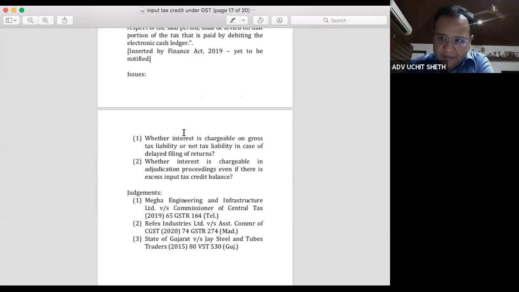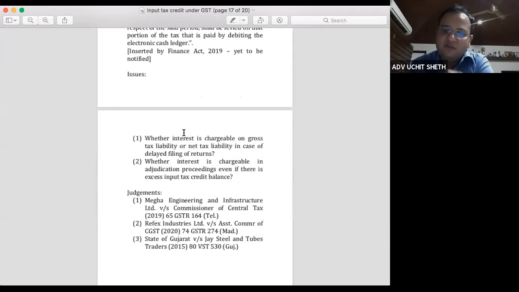On a plain reading of the provision, the Telangana High Court in the case of Mega Engineering and Infrastructure takes a view that the electronic credit ledger gets credited only when you file the return. So you cannot say that at the time of filing of return, because you paid the tax liability through input tax credit, your actual liability is only to the extent of net tax liability.